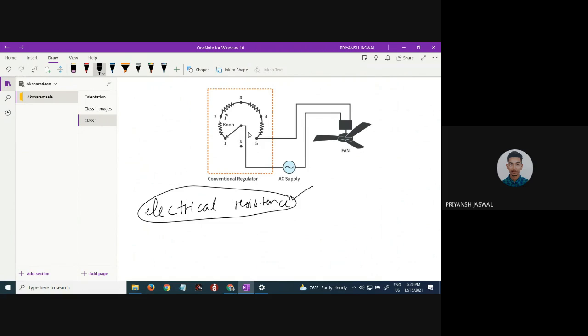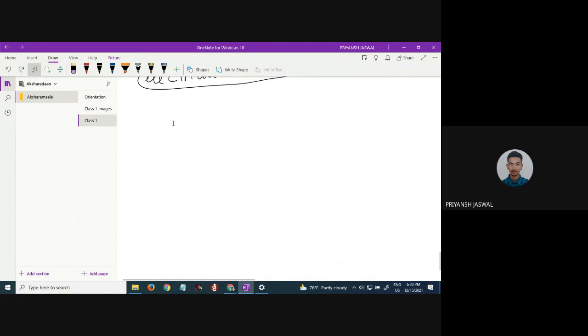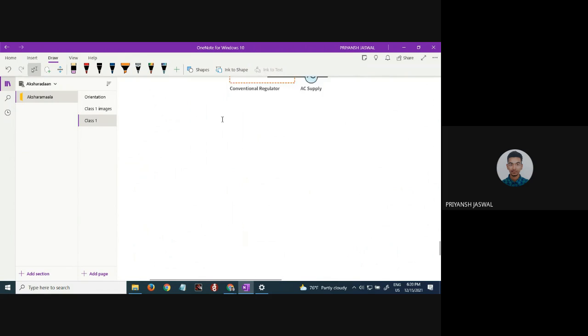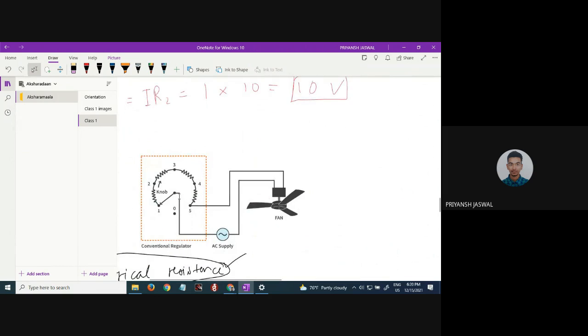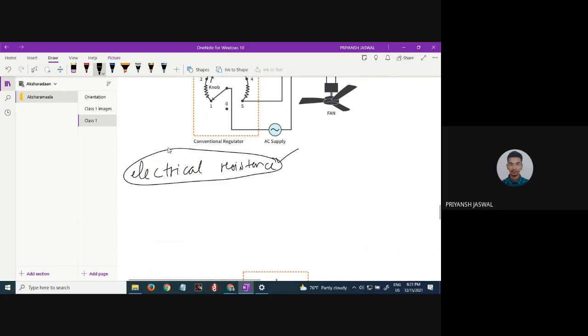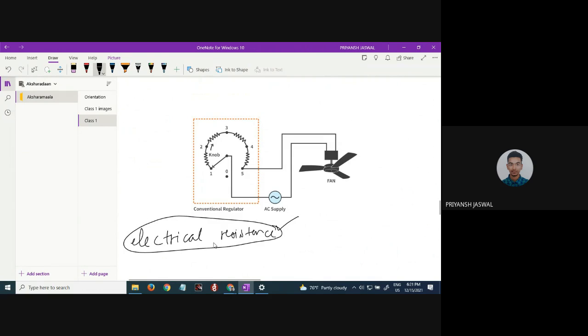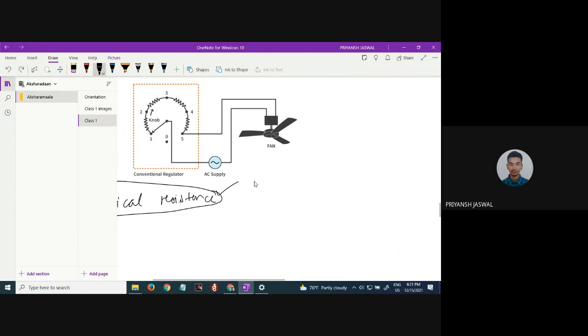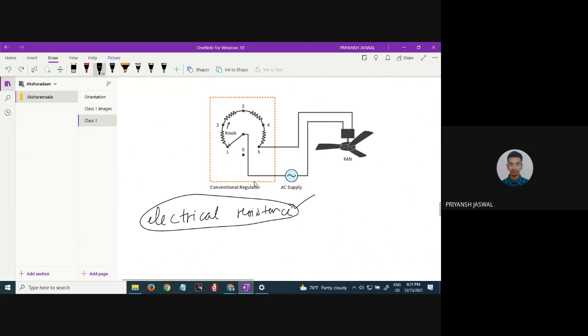So, as you can see here, in this one, when this knob is turned to 1, or before that, say this knob is turned to 0, and there is no connection here, so what will happen?